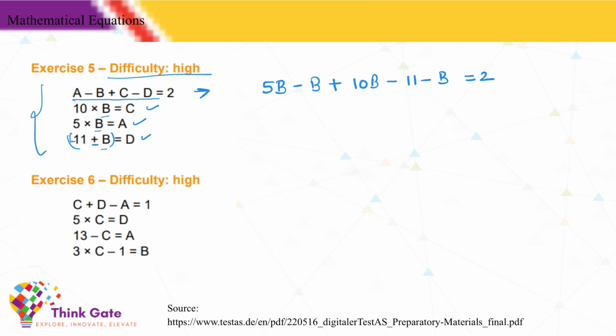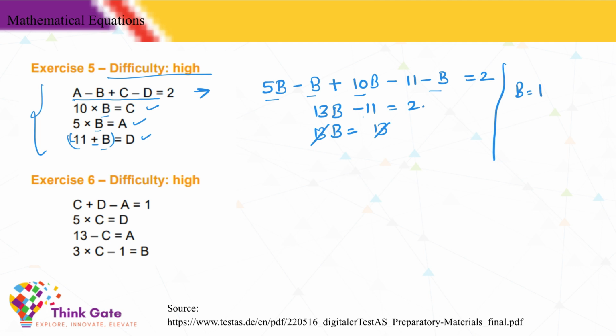Let's solve it. 5 minus 1 is equal to 4. 4 plus 10 is 14. 14 minus 1 is 13. So 13b minus 11 is equal to 2, and the 11 goes to the opposite side, so it becomes 13b equals 13, and we can say that the answer for b is equal to 1.